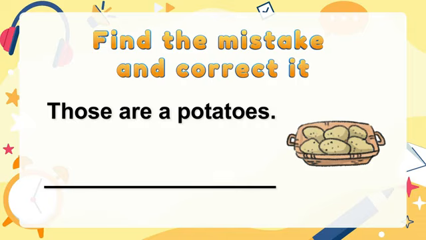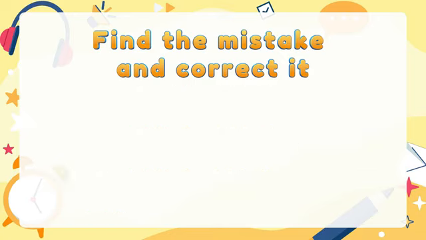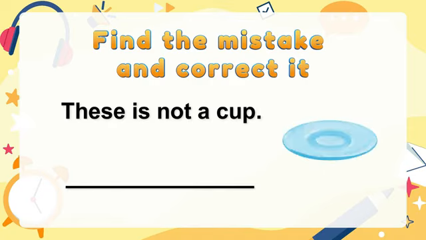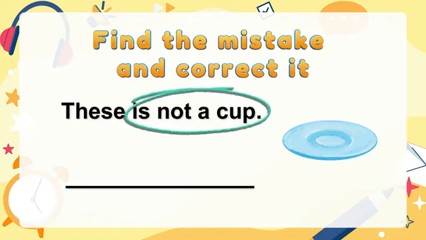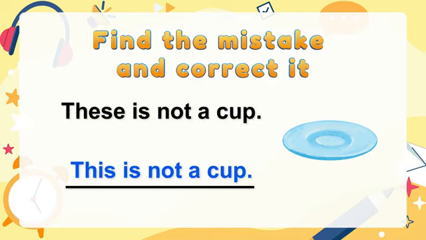Those are a potatoes. Those means plural. Potatoes is plural. So we do not use a. My sentence will be, those are potatoes. These is not a cup. These means plural. Is not a cup is singular. I will change the sentence to, this is not a cup.